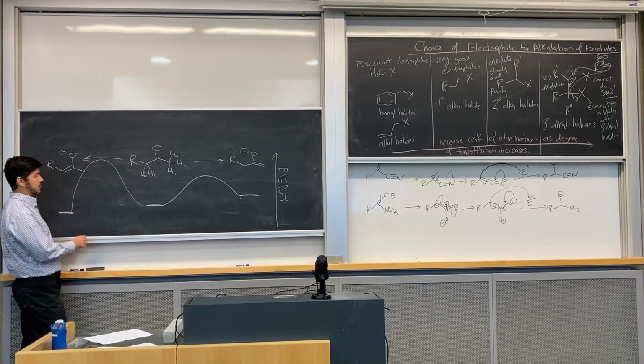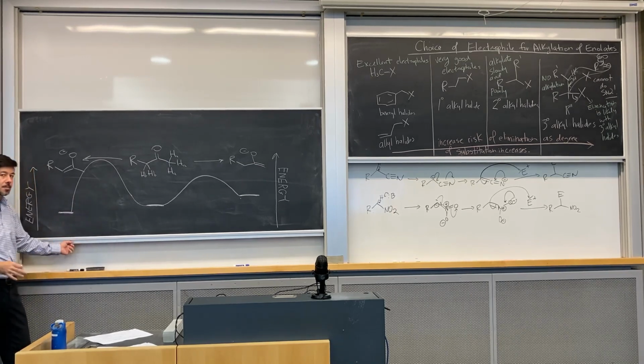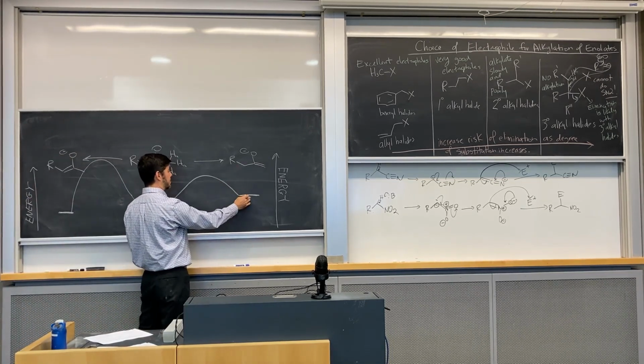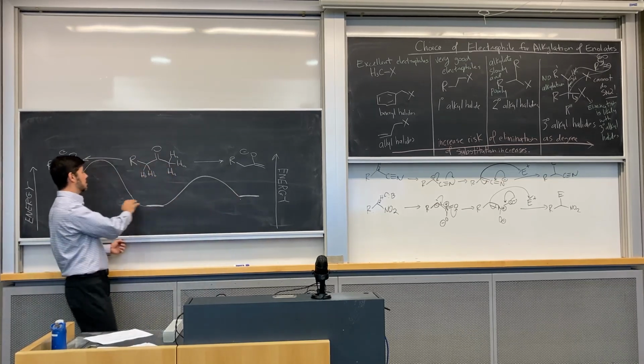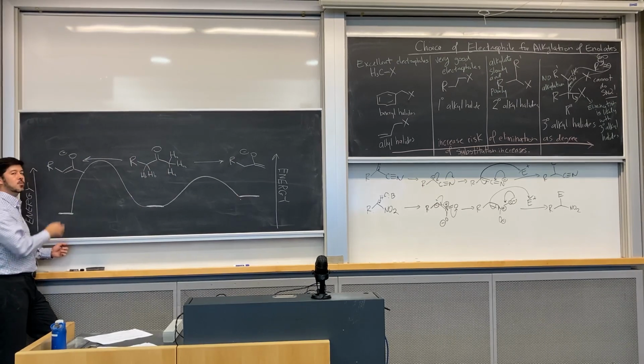All right, so we've generated two different enolates, and they have two different energetic pathways. Interesting. This one here is less stable, but easier to make, whereas this one here is more stable, but requires more energy to make.